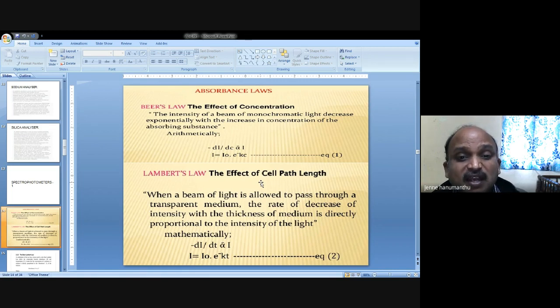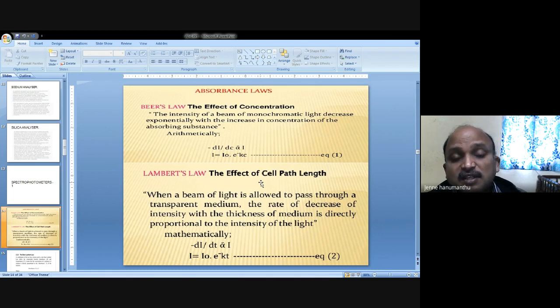That transmitted light equals I naught, the initial intensity of the light we are going to send through the sample. e is the exponential, c is the concentration of the sample, and k is a factor that depends upon the solution. So the transmitted light intensity is equal to the initial intensity times e power minus kc.